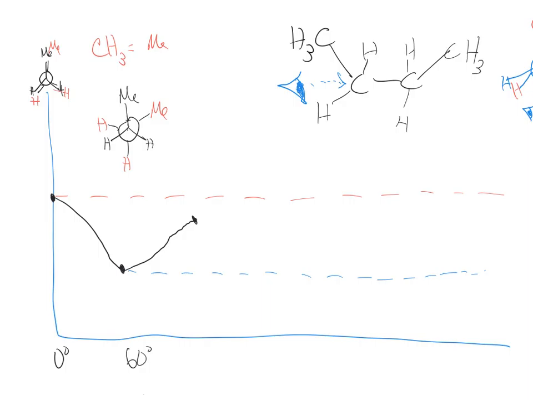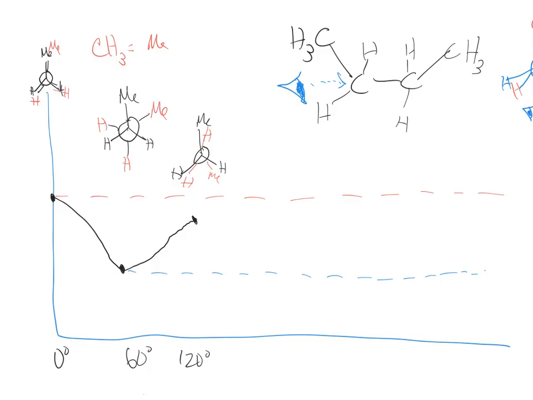I won't write all of the Newman projections for every single one because I just don't have enough room on my iPad to do that. But I will for this one. So this is 120. Hopefully you don't mind if I take a little bit of time to do this. Methyl, hydrogen, hydrogen. Methyl, hydrogen, and hydrogen.